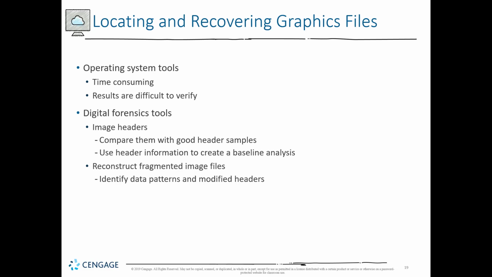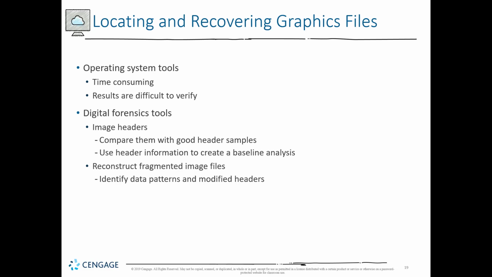The image headers are one of those things that we're going to be looking for. For example, a file signature is going to be the hex values for the start of the file or start of the image. There's also the image extension like a .jpeg or .tiff or .png, but those are not as important to the forensics tools.